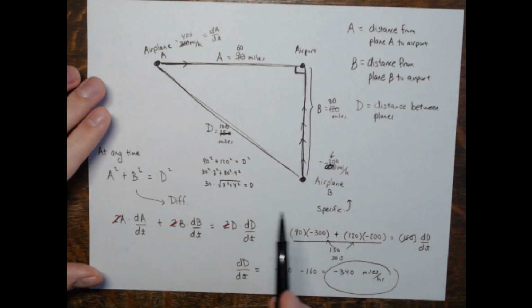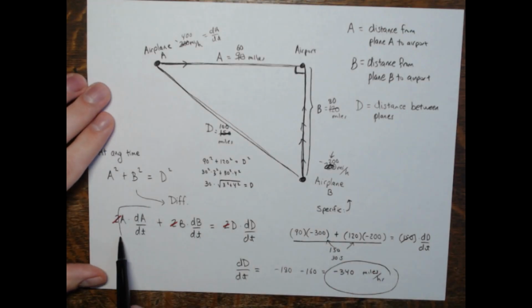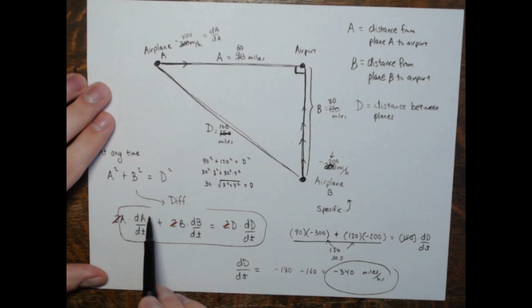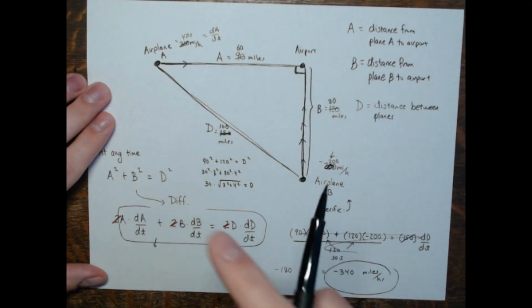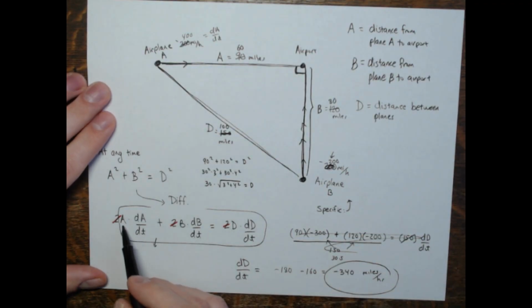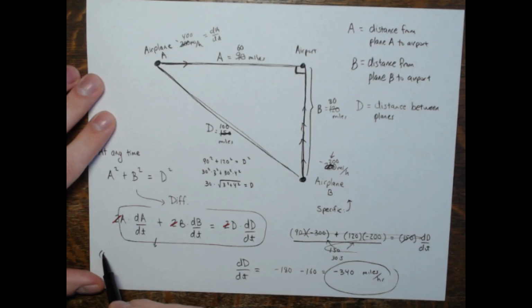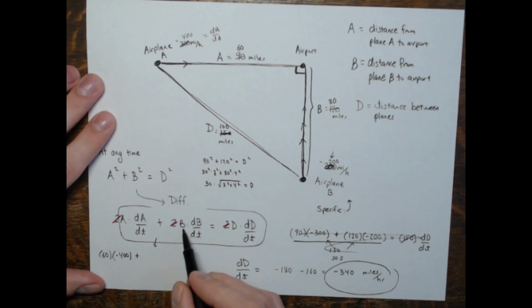So anyway, same related rate equation, right? You have A squared plus B squared equals D squared, then this related rate equation, and then I'm putting in all these numbers. So again, A, the distance to the airport, was 60, the dA/dt was -400 miles per hour, plus B, the distance this plane was from the airport, is 80 miles.